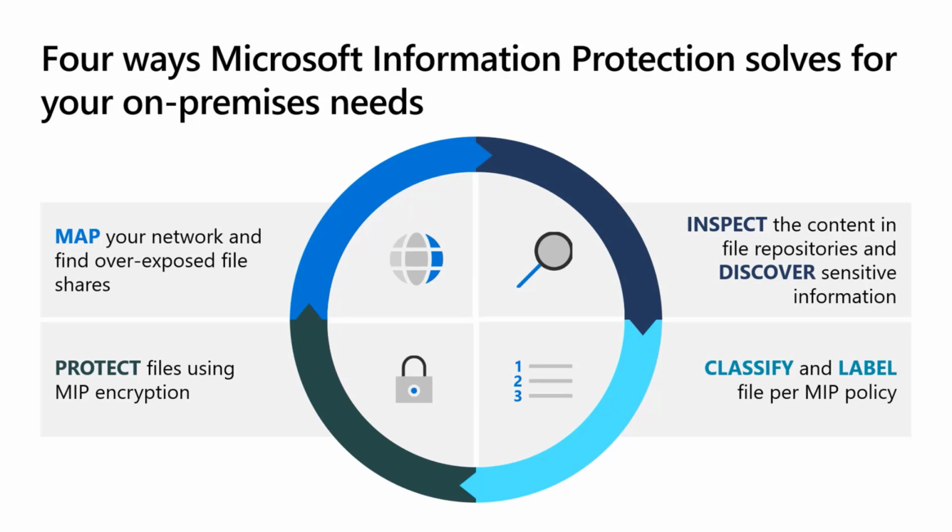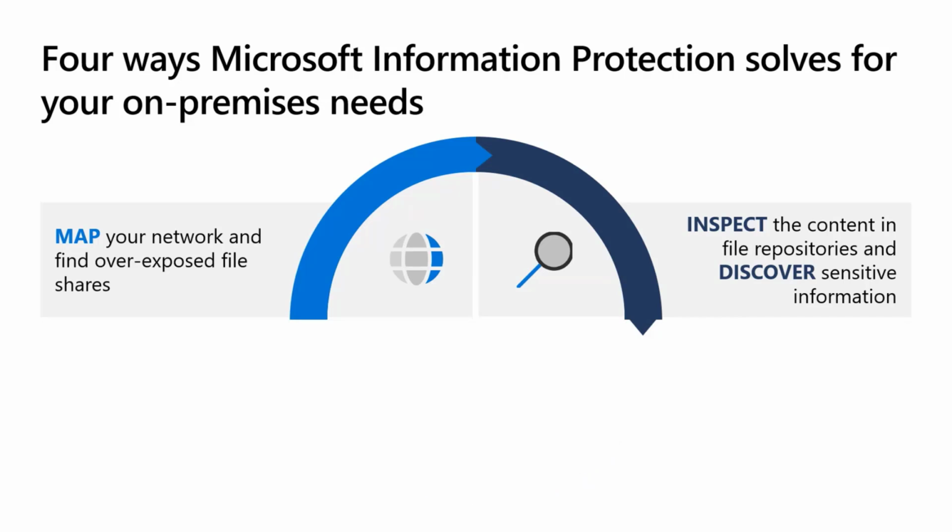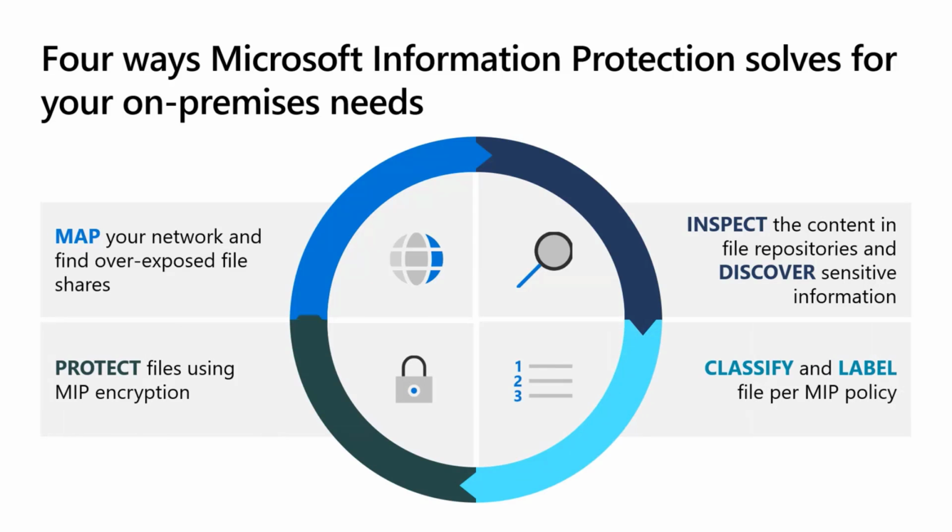While here we are talking about a non-intrusive network scan, when you go to these two steps, you do change files, so you should be aware of what's going on there. That's why our recommendation is to run the scanner at least at the beginning in discovery mode, and only then switch to classification and labeling, and eventually protection.